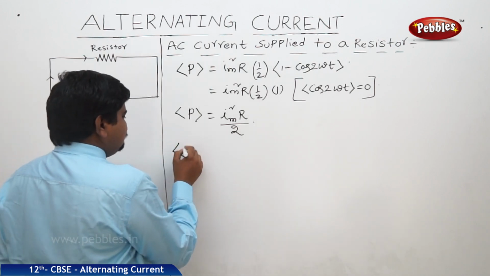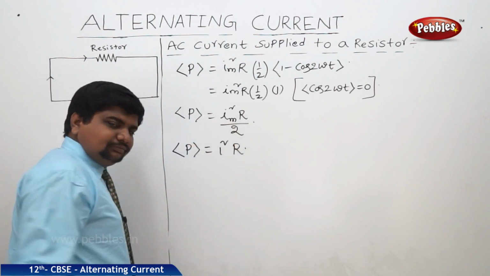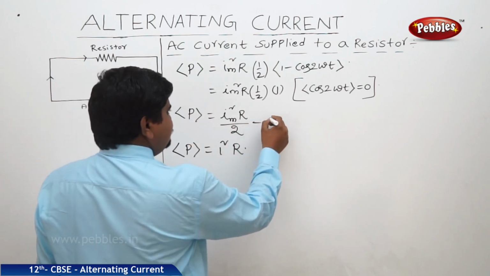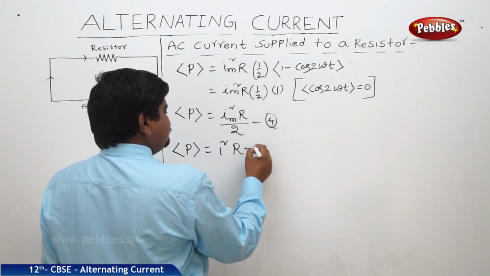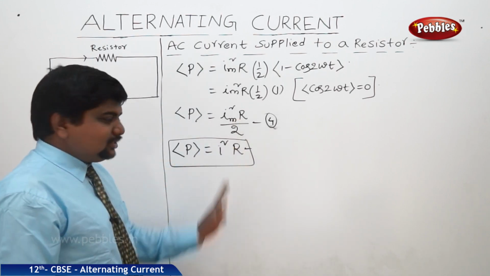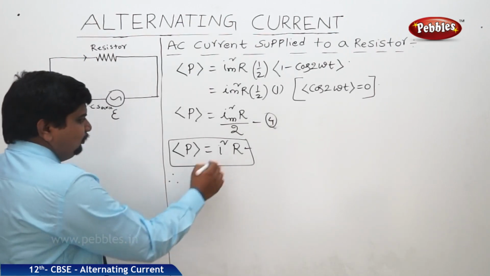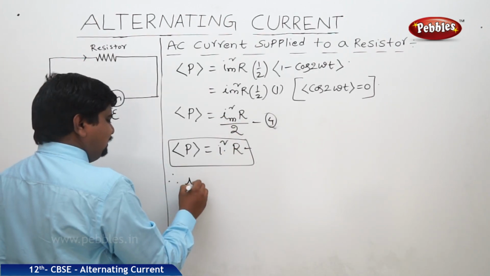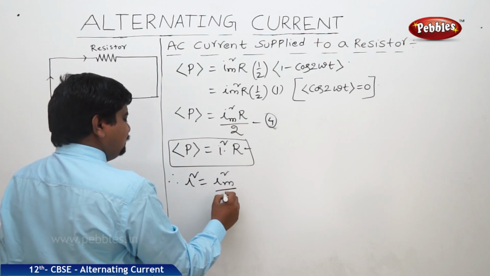So we got that P is equal to I square R. When you compare these two equations, let us write this as equation 4. This equation is already there in the previous one. R and R cancel, so we can write I square is equal to Im square by 2.